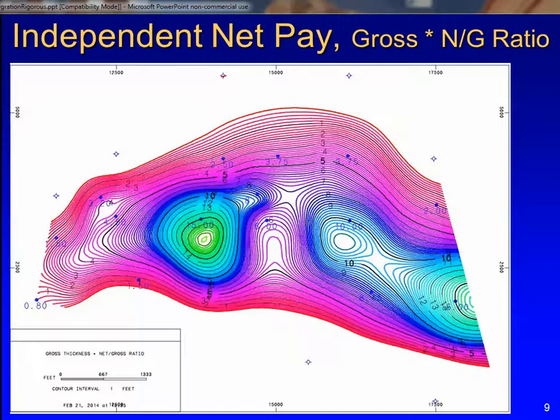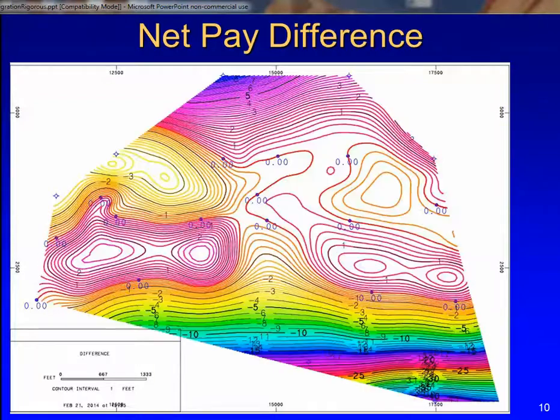However, if we map net to gross ratio and gross thickness at each cell, the reservoir does correctly go to the edge of the channel, and the independent net pay goes to 0 at the edge of the channel. If we look at the net pay difference, we see that there is no difference at every well point, and there are profound differences away from wells.